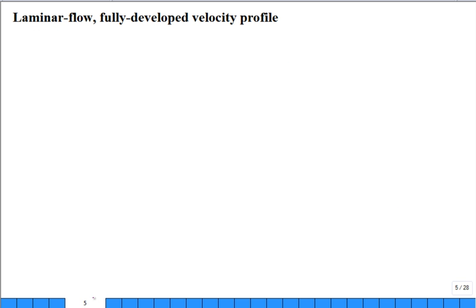Well, what about laminar flow, fully developed velocity profile? Can we get that velocity profile? Can we get u as a function of r when we have laminar flow down the pipe and it's fully developed?